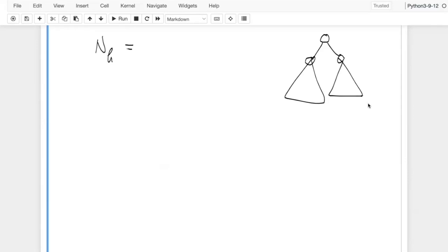If it's 0, then it is not the smallest AVL tree with height h. So n_h is equal to 1 plus n_(h-1) plus n_(h-2).